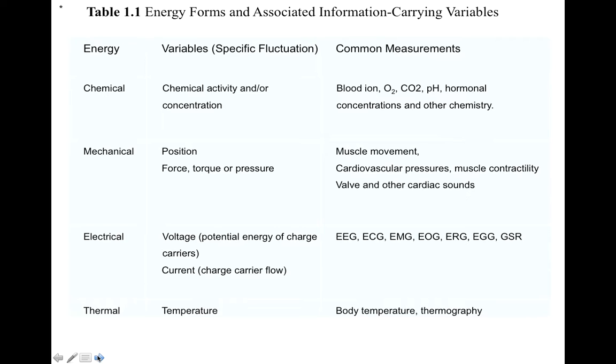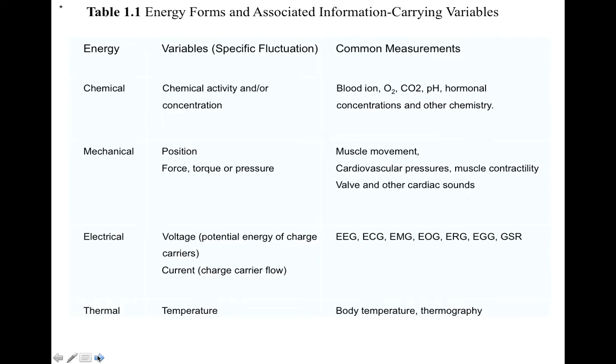Electrical measures would be measures of voltage or current, and some of these kinds of measurements would be what I refer to as all the G's: electroencephalography or EEG, electrocardiography or ECG, electromyography, EMG.